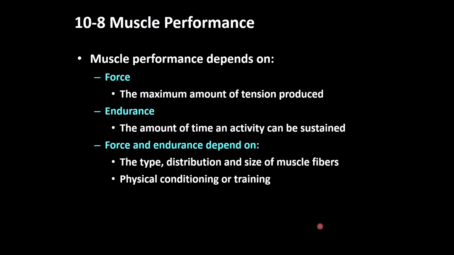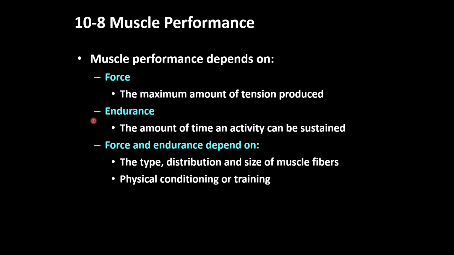So muscle performance depends on force. Force is the maximum amount of tension that is produced. It means that all muscle fibers contract at the same time. For example, you're lifting something very heavy, some weight. Endurance is how long you can do an activity. This does not produce a maximum amount of tension, so some fibers are active, some fibers are not active.